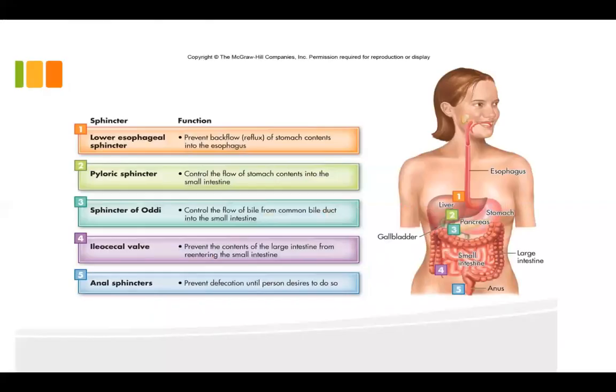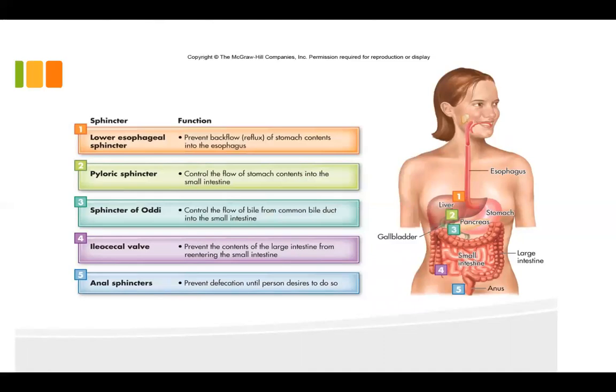This is a chart from your book that is looking at a couple, well, more than a couple, but some different sphincters in our body and the importance of all of those sphincters as well as the function of those sphincters. Just to highlight a couple, the sphincter of Oddi controls the flow of bile. We're going to talk about bile a lot. The ileocecal valve is very important.